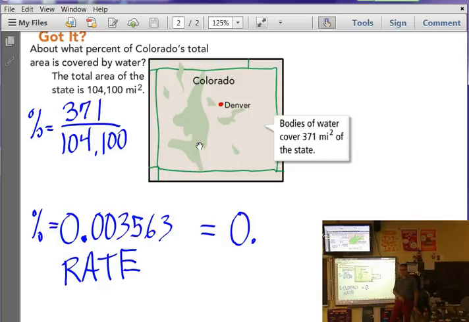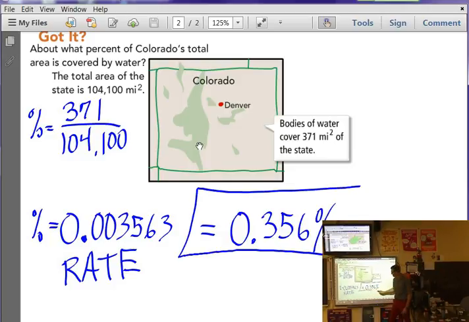It's 0.3563. But if I want to round to 3 decimal places and look at the 3, it tells my 6 to stay what it is. And I just take it off and put my percent sign. Does it matter if you put the percent sign in the beginning or in the end? It needs to go at the end.